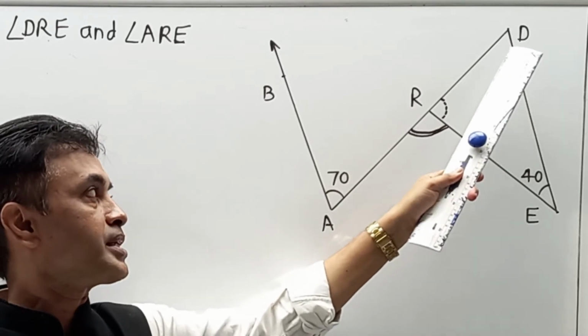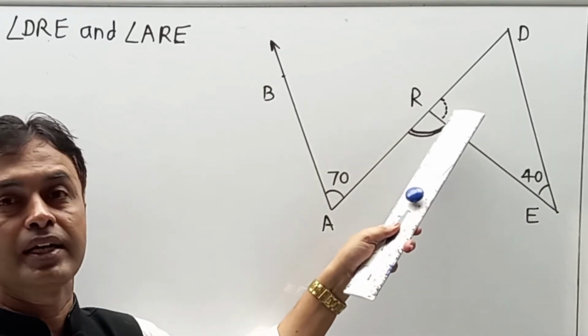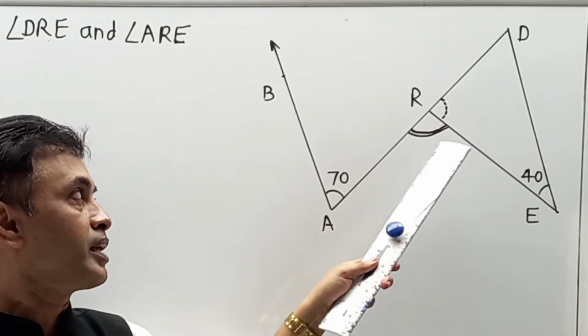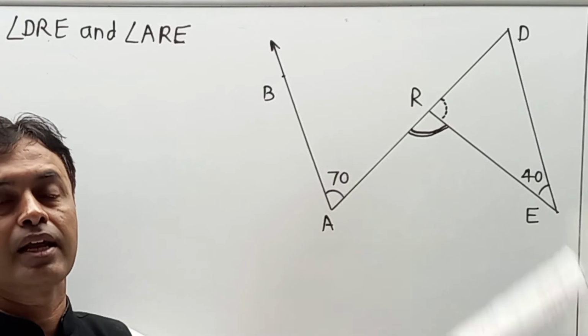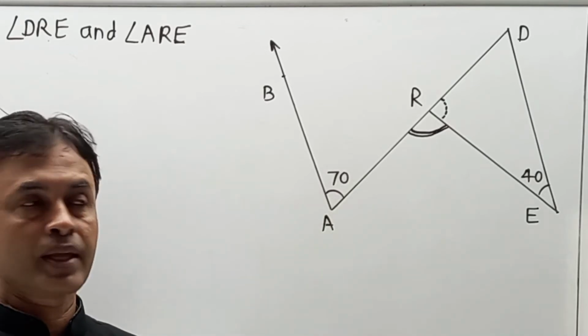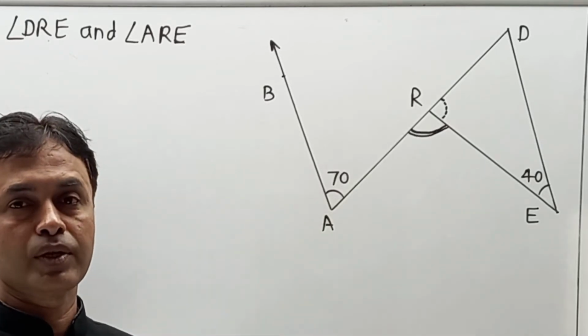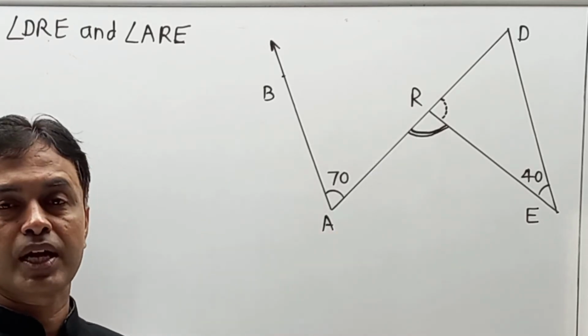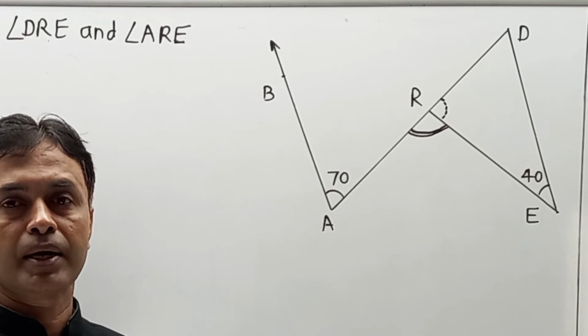With this help, 70 and 40, we can find the third angle of the triangle, and after getting the third angle of a triangle, we can also find its exterior angle, or you can say linear pair. In this way, we are going to do the calculation. So please pay attention. Also, I am going to show you a simple breakup of this diagram so you can easily understand the part.